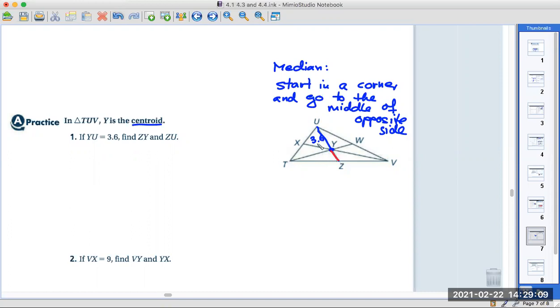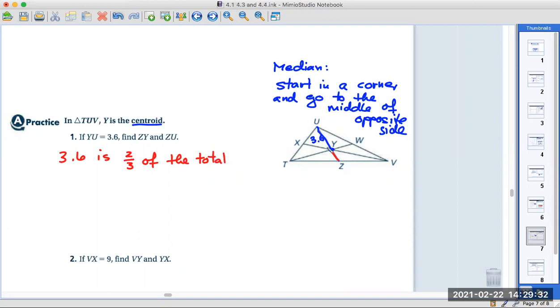Okay, so remember the relationship is 2 to 3, 2/3. So this is 2/3 of the total. 3.6 is 2/3 of the total distance or total segment.